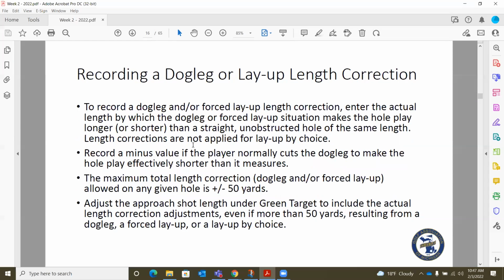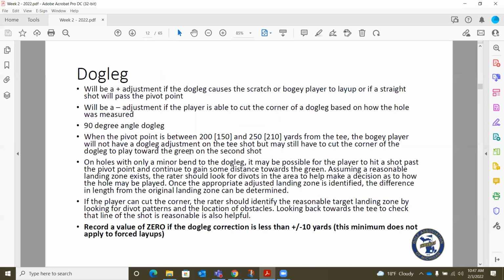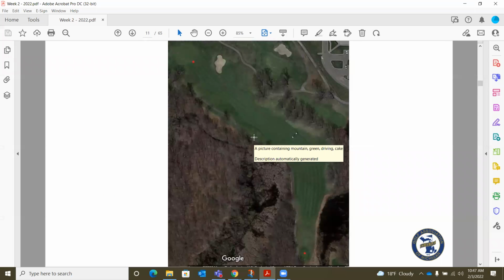All right, so let's see here. The other thing that I know other people have taught me that I think is helpful when we're looking at dog legs, whether it's plus or minus, is that once you get to where your landing zone is, where you think the golfer can get to, you look back to the tee and make sure that you can get there.